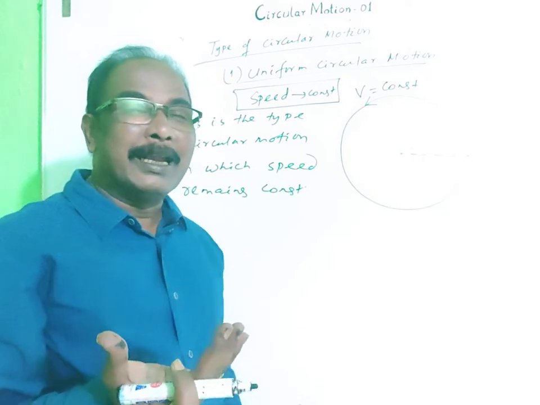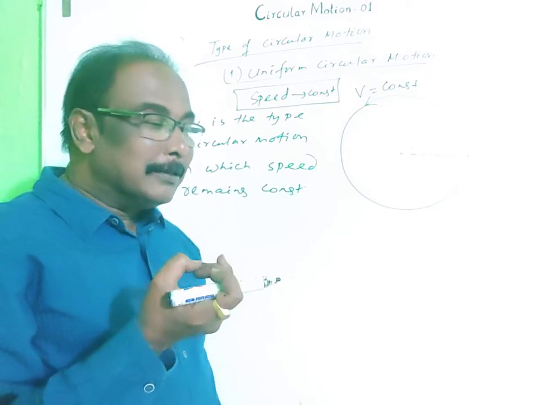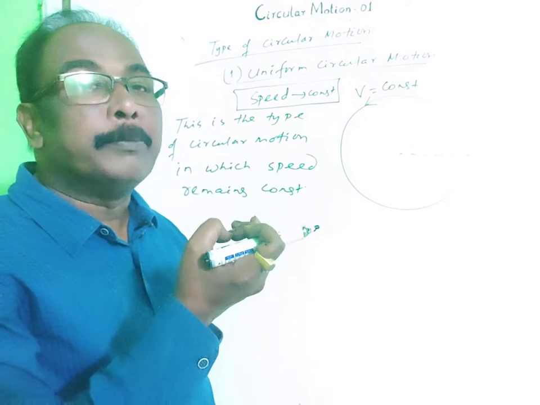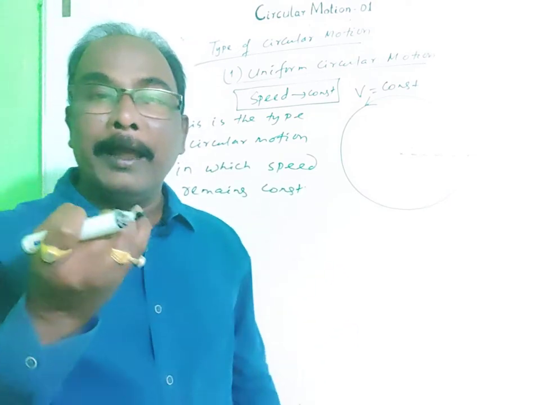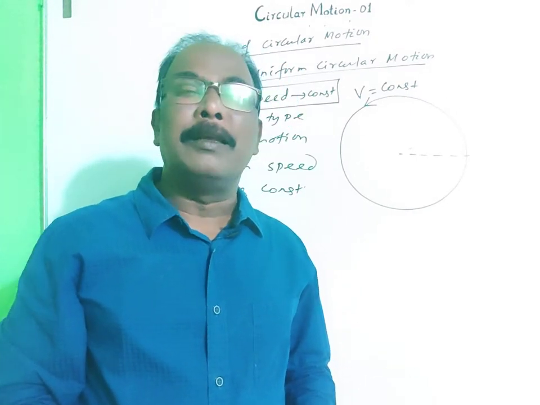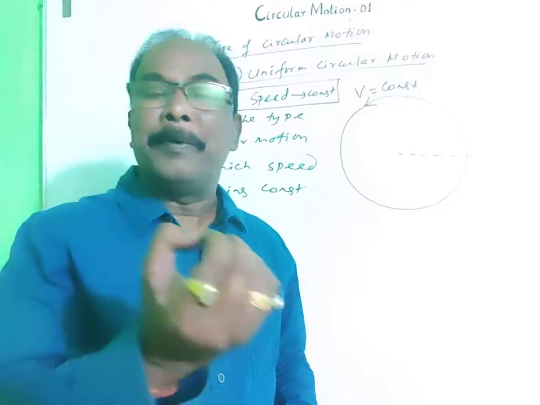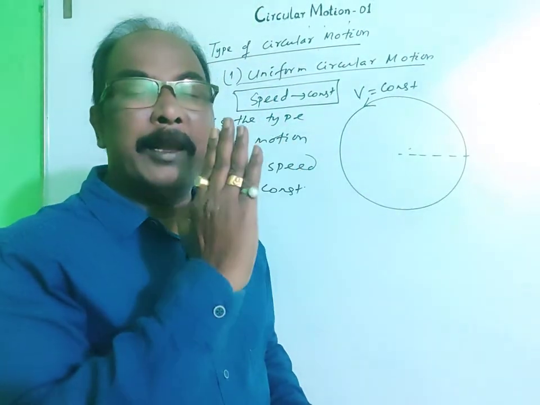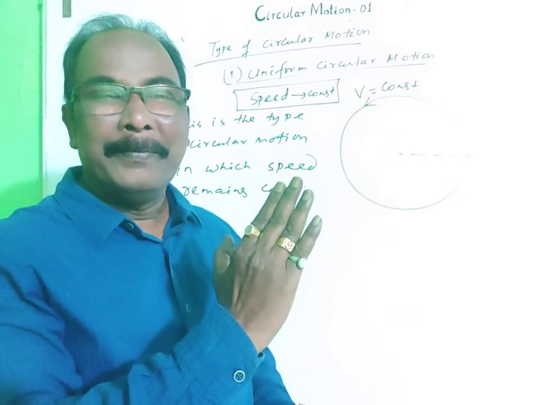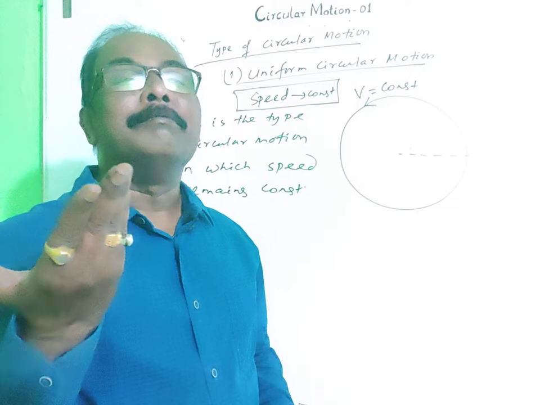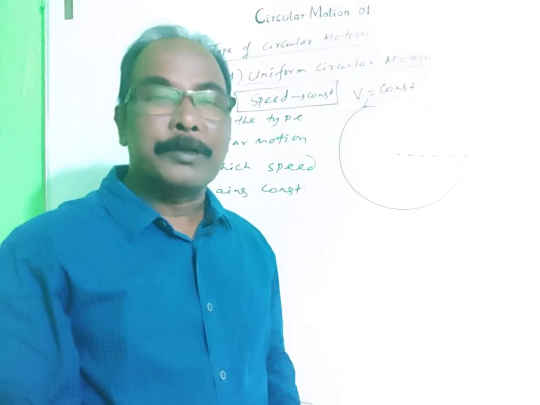As we have discussed in kinematics, if one has to define velocity in terms of speed, then simply we may say speed in a given direction is called velocity. Means speed is magnitude of velocity. So here magnitude of velocity is constant.